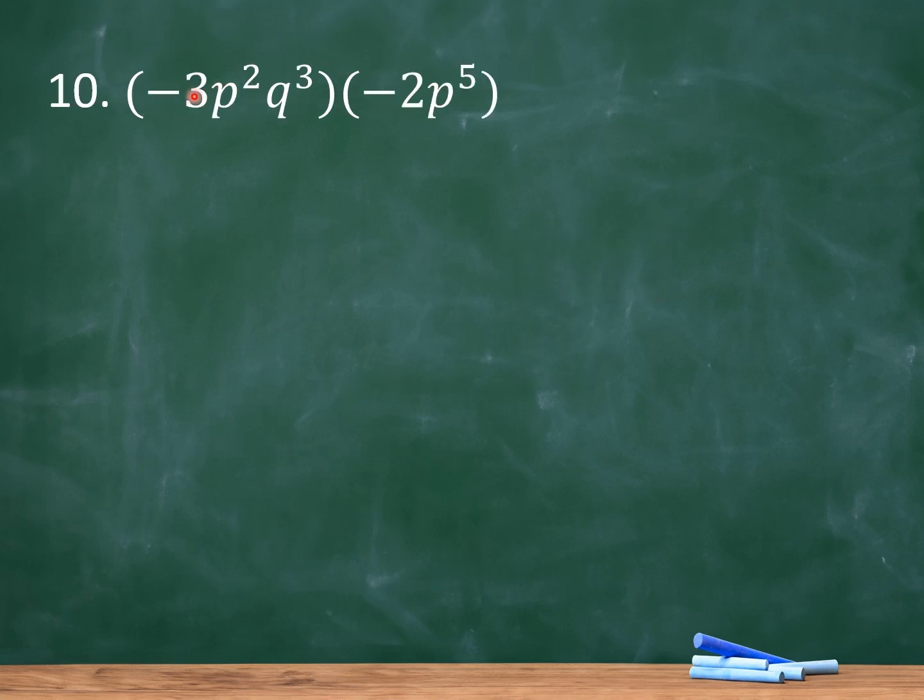Let's have our last example, number 10. We will multiply negative 3p squared q cubed and negative 2p to the power of 5.